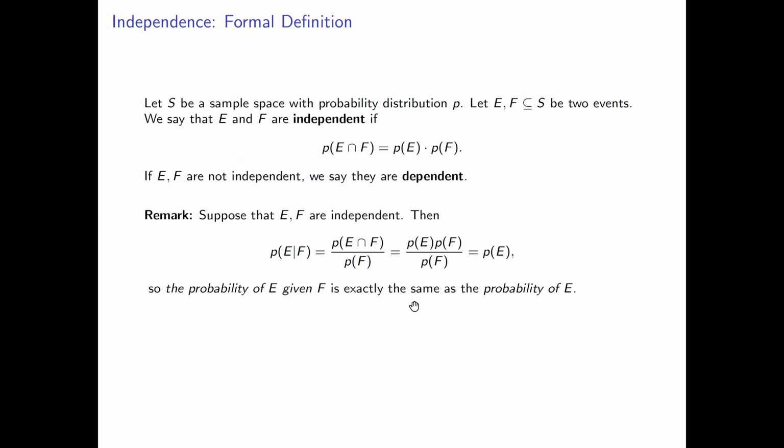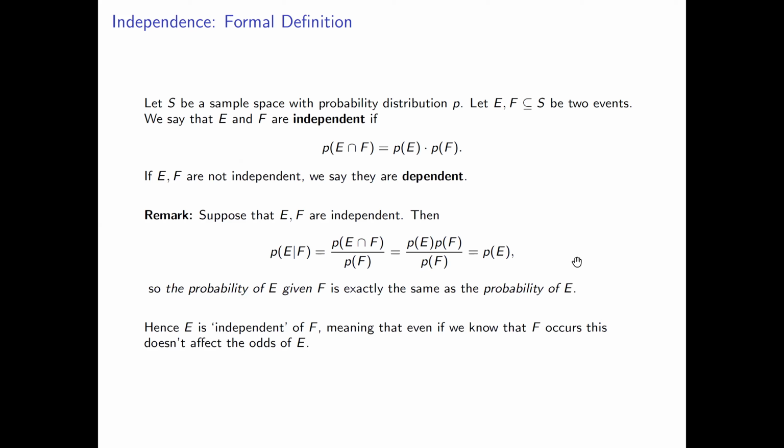So if the events are independent, then the probability of E given F is just the same as the probability of E, because F has no effect on the outcome of E. That's what we expect. This formula is the main motivation for why we're using this definition for independence, because it connects well with the notion of conditional probability. Great, and over here I've written out what I've said verbally.